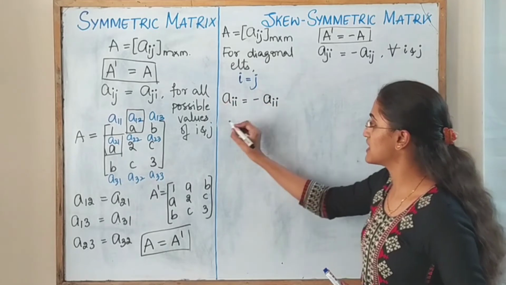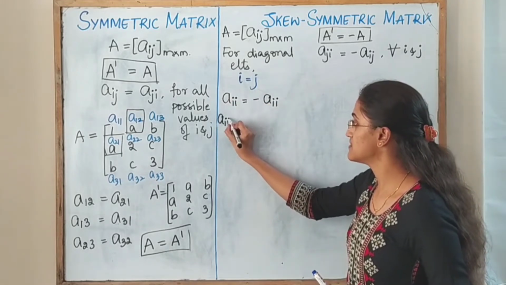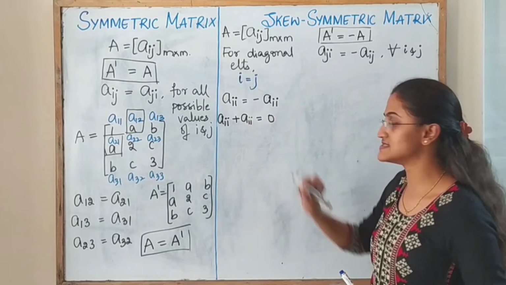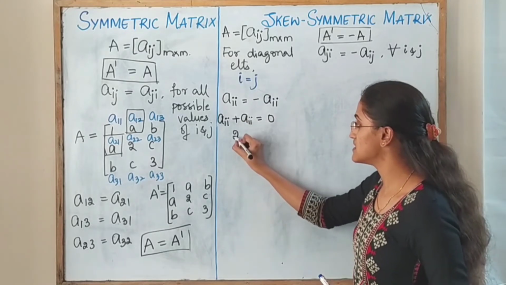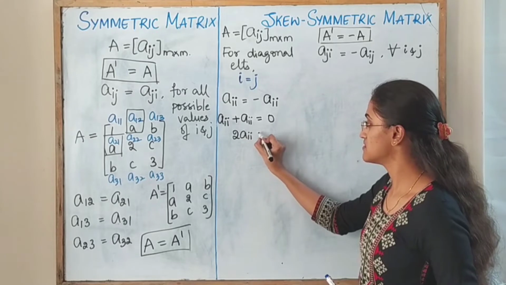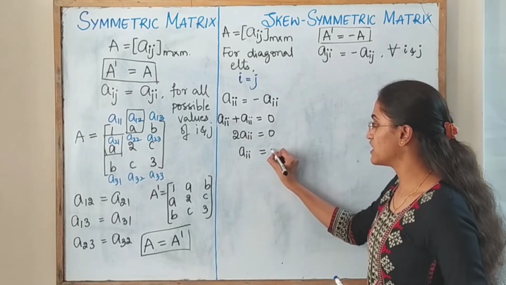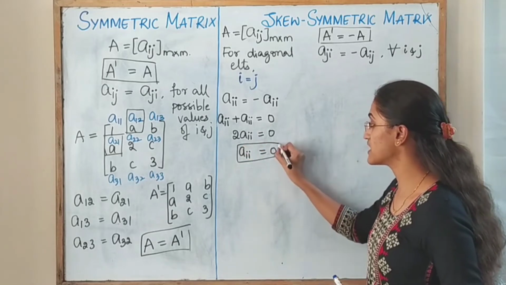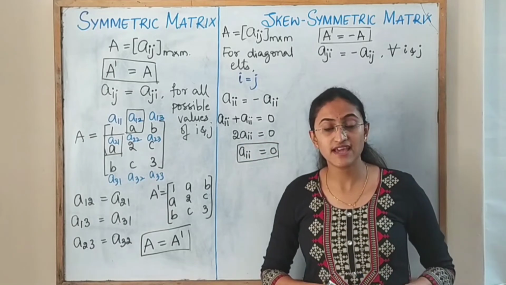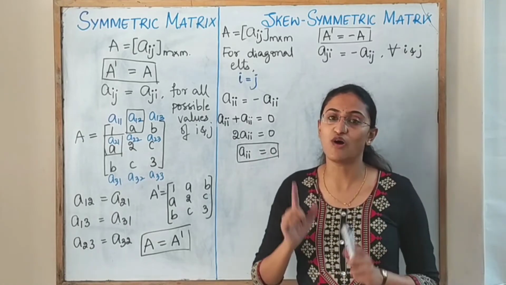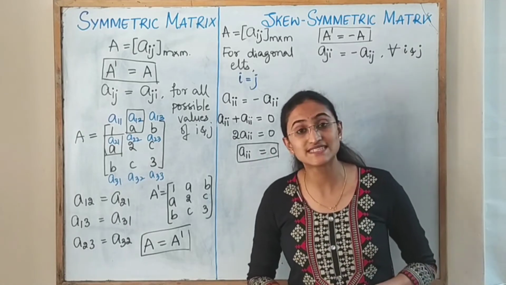Shifting this term to the other side and adding up, we get 2 Aii equal to 0, and hence Aii will be equal to 0. So you can conclude that for any skew symmetric matrix, the diagonal elements will always be equal to 0.